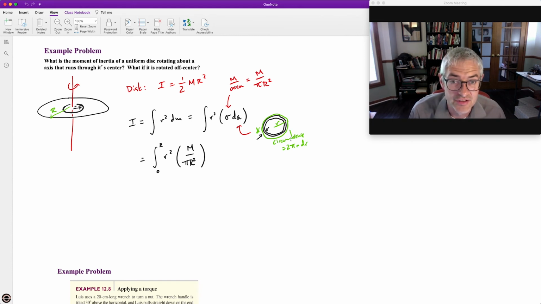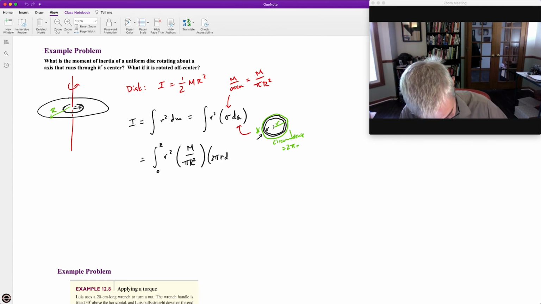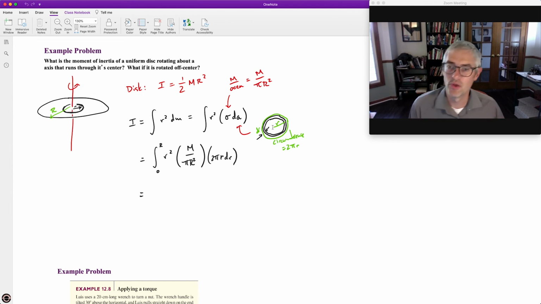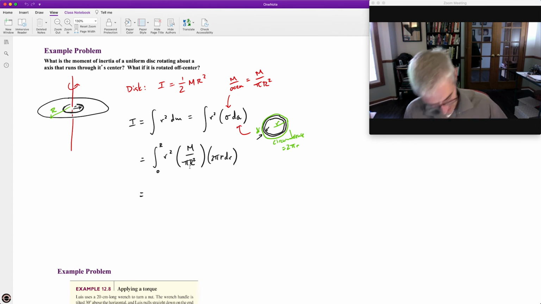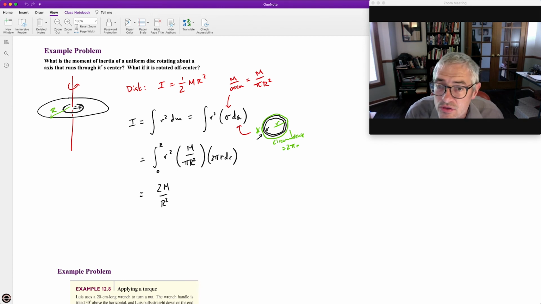My dA is the circumference times the width, which is 2 pi r dr. We could pull out everything that's constant. Actually, our pi cancels, but we're going to get 2m over big R squared. So 2m, our pi's are out, and then we get r cubed dr.